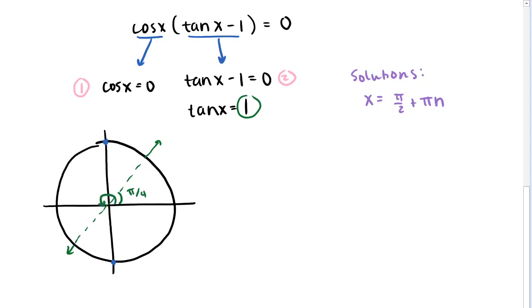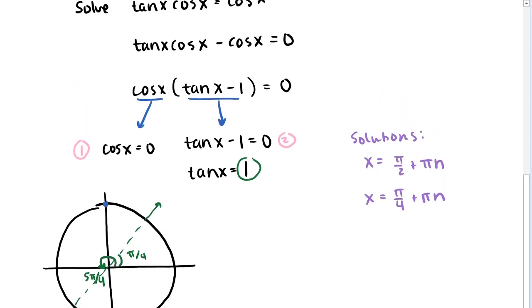If we go around a half rotation around the circle, we get 5 pi over 4. And we can keep going and add on every pi and end up at that same angle, or at the same slope. And so really, the other solutions we get are x is equal to pi over 4 plus pi n.